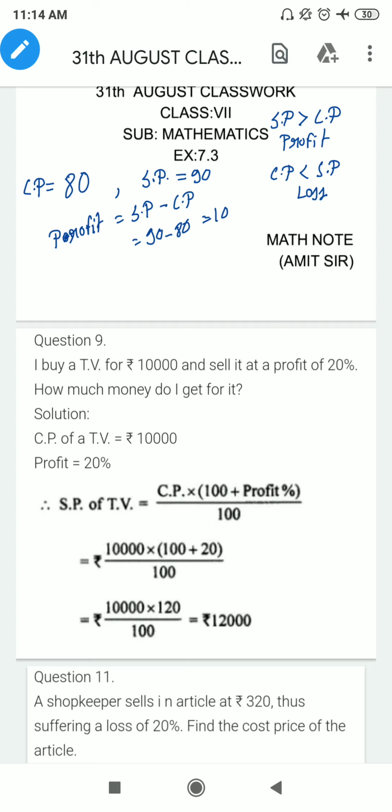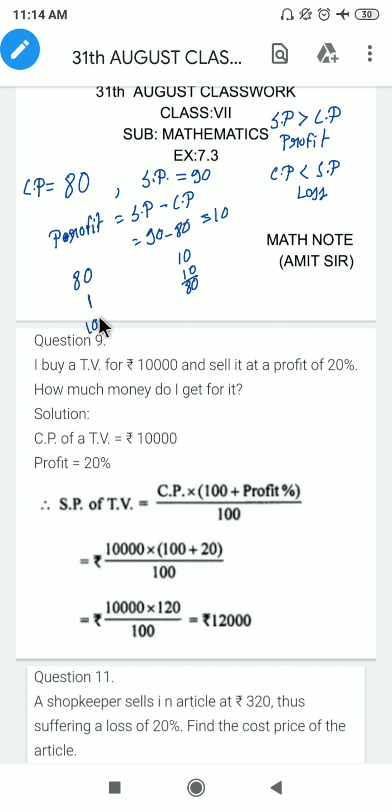So how do we find the profit percentage? Whenever you find anything out of 100, this is called a percentage. Here, whenever the cost price is 80 rupees, we get a profit of 10 rupees. Go to the unitary method. Whenever the cost price is 1 rupee, the profit is 10 by 80 rupees.